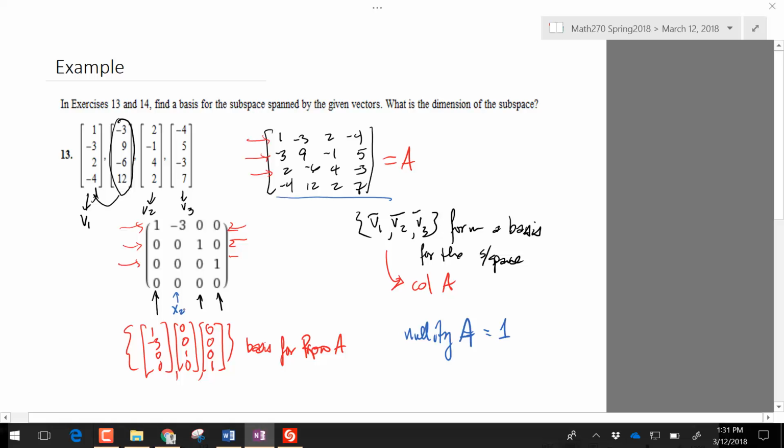So the null space will be spanned by one vector, and if we figure out what that one vector is, then we can say what it's spanned by. Okay? Does that make sense?